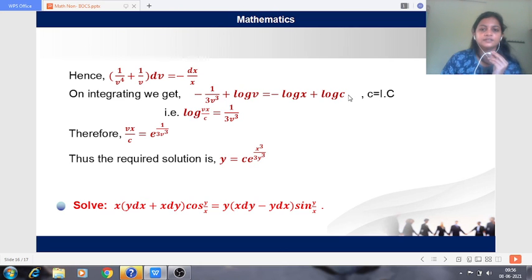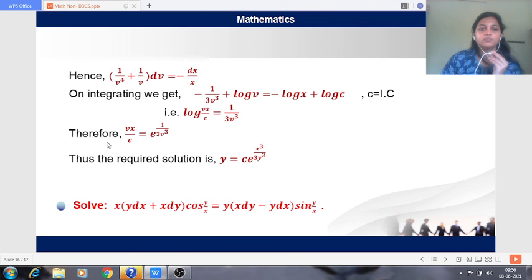After calculating this equation we can write log of vx divided by c is equal to minus 1 by 3v³. Therefore vx divided by c is equal to e to the power of minus 1 by 3v³.